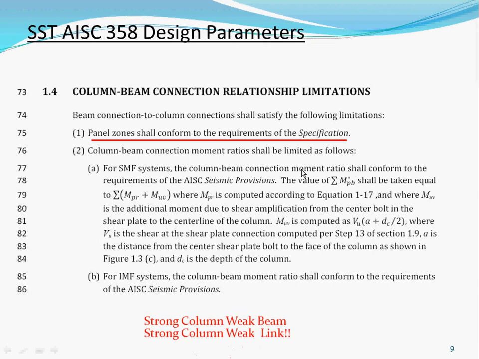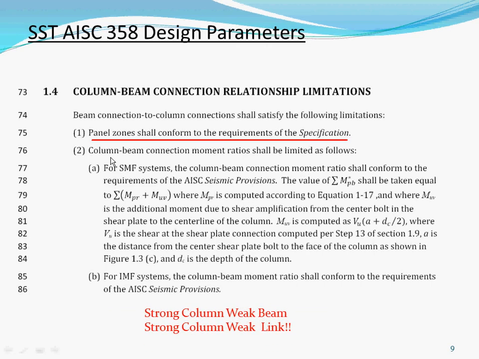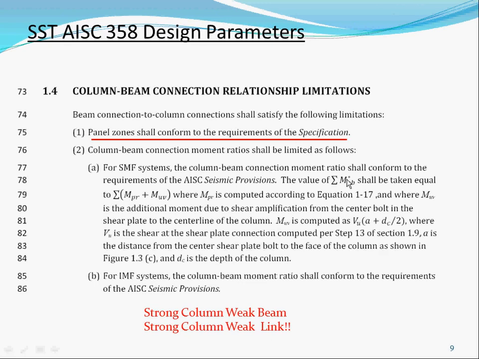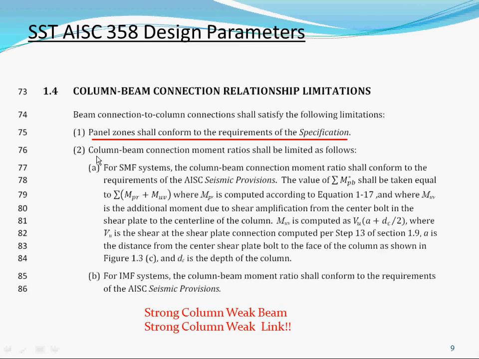As well as the column-beam connection, we have a strong column weak beam. So instead of a weak beam, we want to make sure we meet the strong column weak link. This is the requirement for that, so that would be under 1.4.